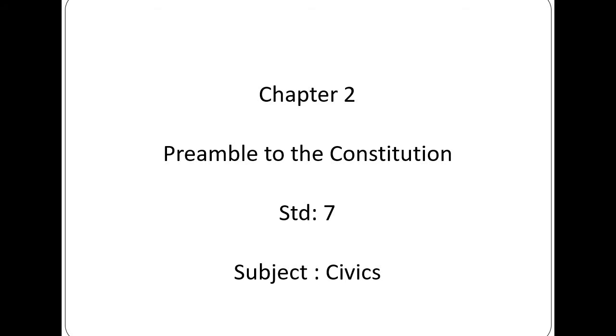And in the second page, we find the preface of that textbook. By looking at that preface, you will come to know what is there in the textbook. In the same way, the preamble of the Constitution means the preface of the Constitution.